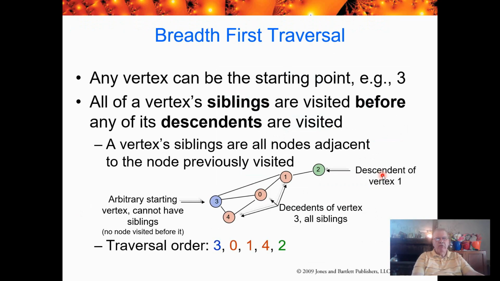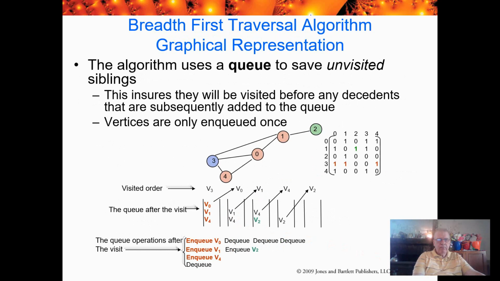Breadth first happens in a similar way, except we use a queue instead of a stack. We don't traverse things in the same order. This is the order we traverse things in. So here's this queue, and the queue enqueues V0 first, then it enqueues V1, and then it enqueues V4.